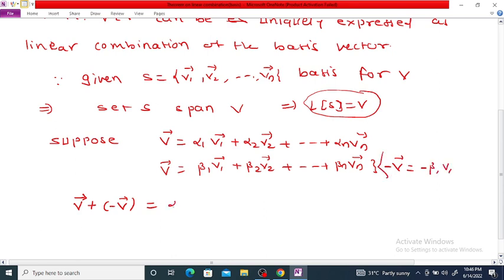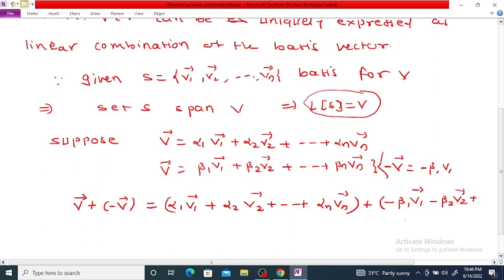So we write this as alpha 1 V1 bar plus alpha 2 V2 bar plus ... plus alpha n Vn bar, plus minus beta 1 V1 bar minus beta 2 V2 bar ... minus beta n Vn bar.